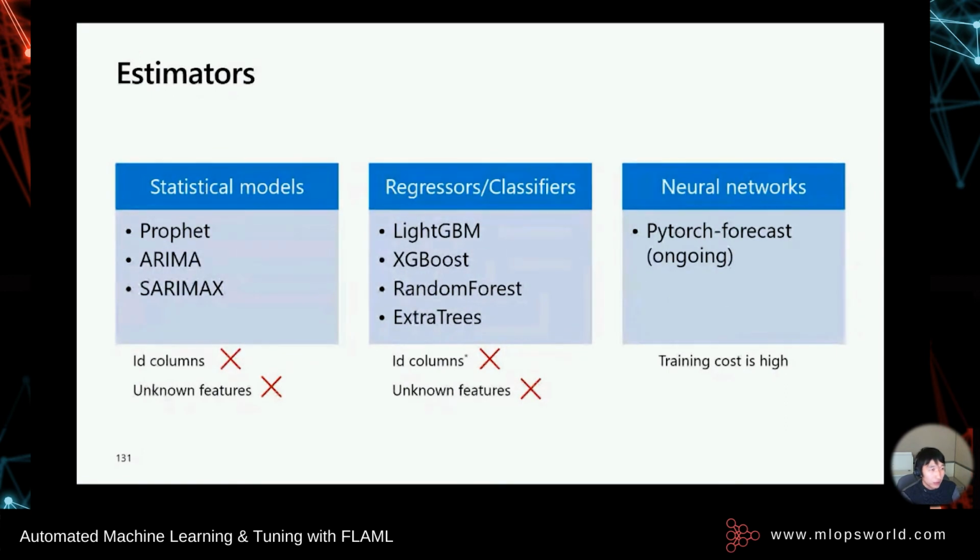FLAML supports these estimators and performs automatic feature engineering for them. The first two categories of estimators can't handle unknown features at forecasting time. Modern neural networks like PyTorch Forecasting can handle them, but the training cost is higher for them as well.